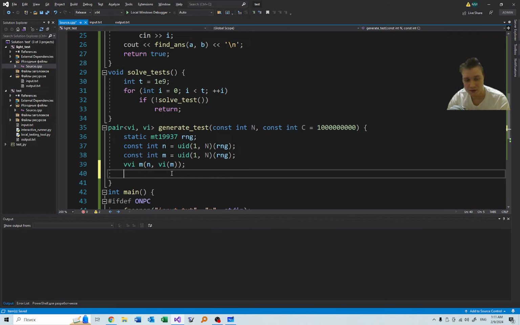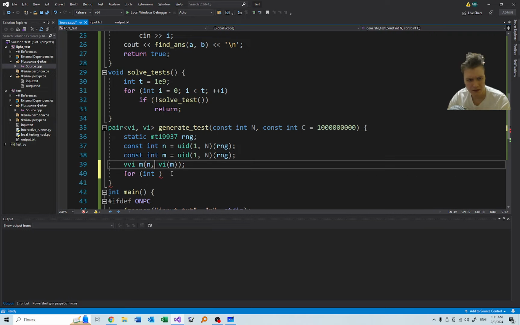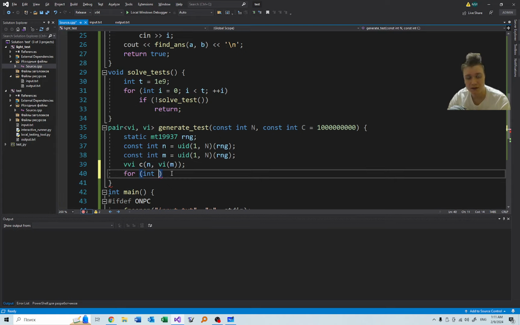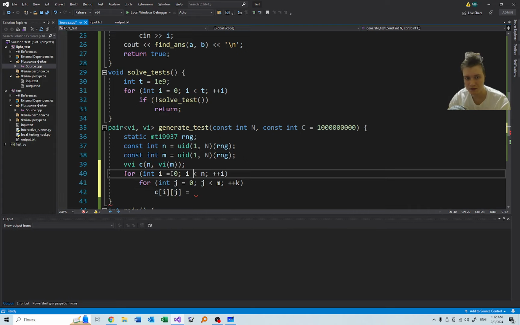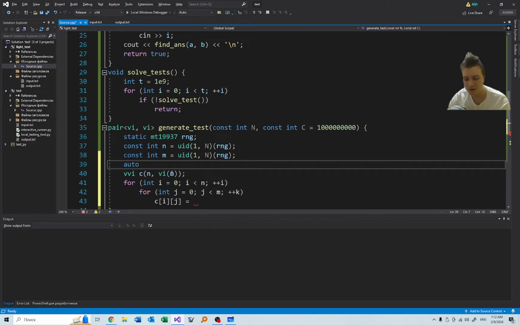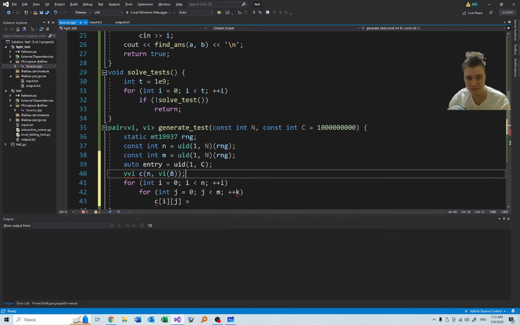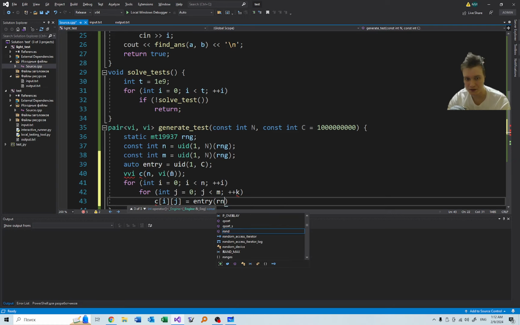Then let's create this. It was a bad idea to call it M, let's call it C, for example. Let's fill it with random numbers. So Cij equals, let's also call auto entry equals UID of 1C. Here we call entry of RNG.